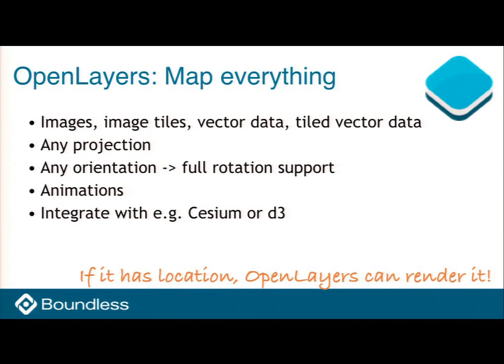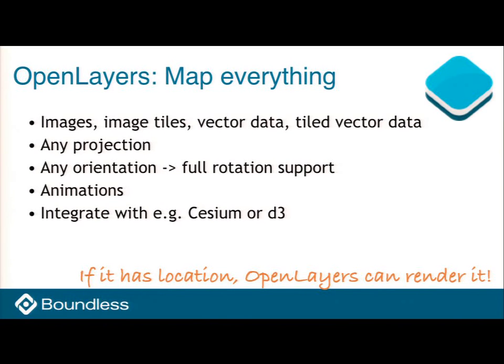For those of you who don't know OpenLayers, OpenLayers is a mapping library that allows you to map pretty much everything. You can map images, those could be static images or images created by an image service like WMS.